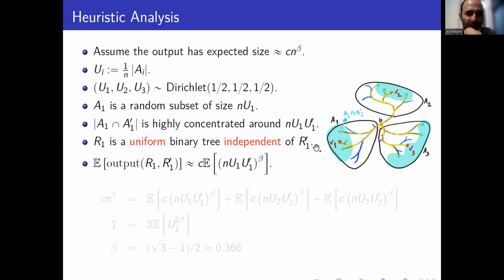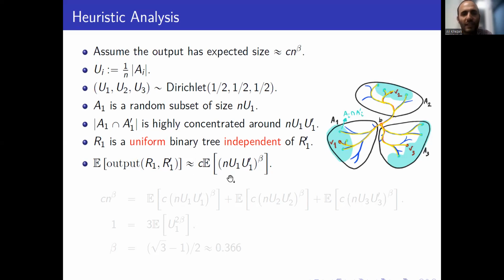And now, since R1 and R prime 1 are independent and uniform, we can go back to the first line. They should satisfy this first line, which means that the expected value of the output of the algorithm should be C times the number of vertices to the beta.